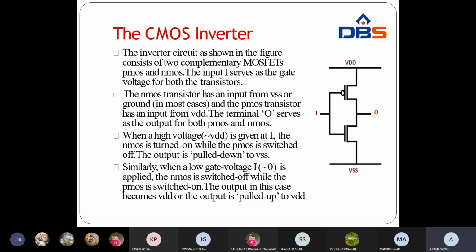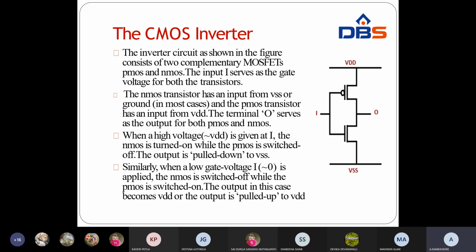That means the output is equal to VSS voltage, and VSS is nothing but ground, which is equal to 0 volts. So whenever we apply the input as logic high or VDD, the output is low.